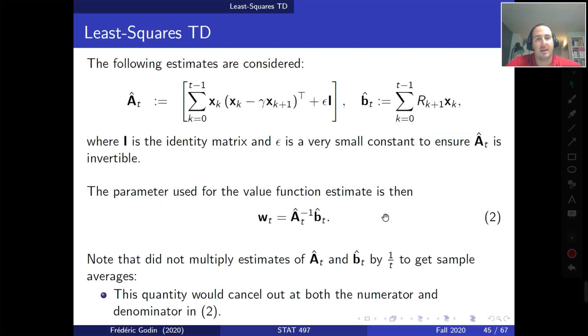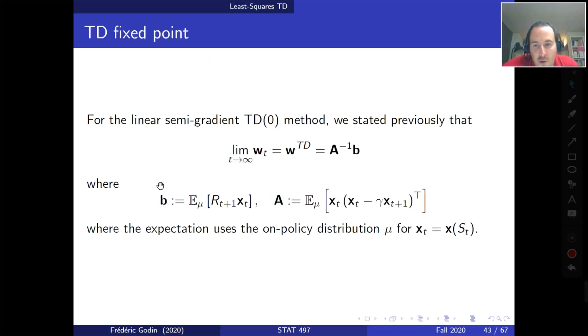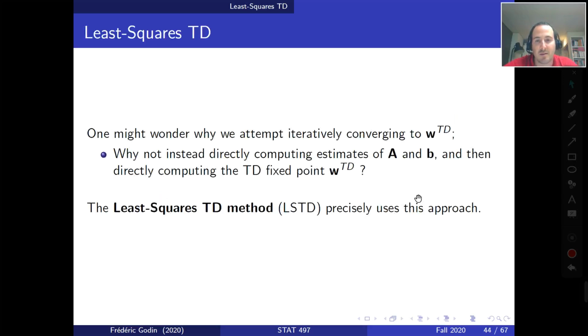And if you do that, you get an estimated value of the TD fixed point, which you can use as your parameters to estimate the value function. As we said, these quantities characterizing the TD fixed point are expectations, so in practice we will use sample averages to estimate them.